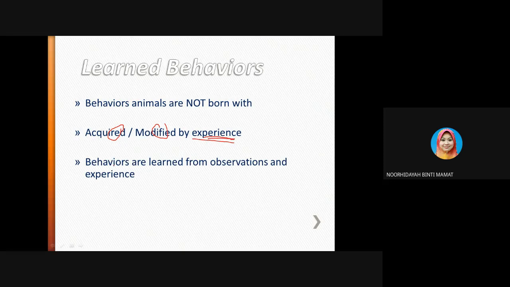Learned behavior is learned from observation and experience, and is often learned from the parents. Like just now, we talked about the bird being taught how to fly. That is learned behavior.